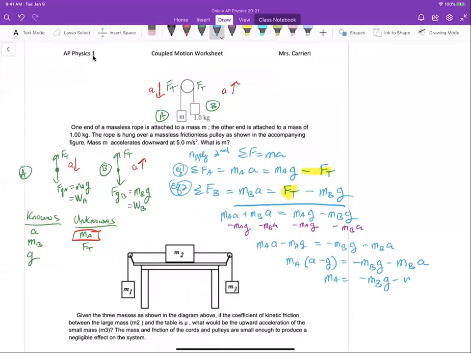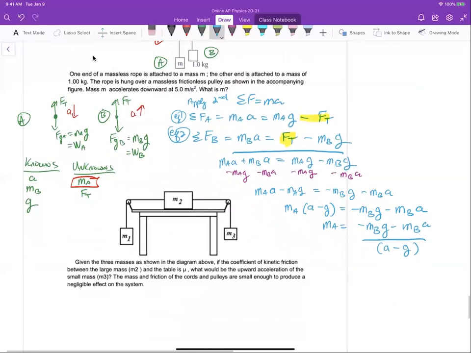You never knew you were going to use so much of your algebra again. Divided by acceleration of the system, which we know, subtract g. Mass of A, negative. What's mass of B? 1 kilogram. I'm going to use 10, by the way, minus mass of B, 1 kilogram, times what they tell us acceleration of the system was, 5. Those are in newtons: kilogram times meters per second squared.